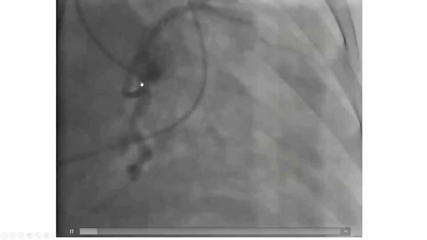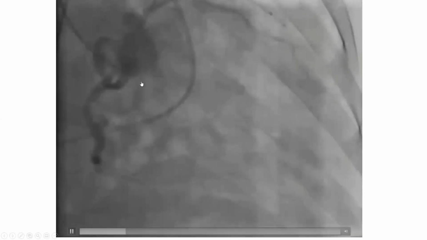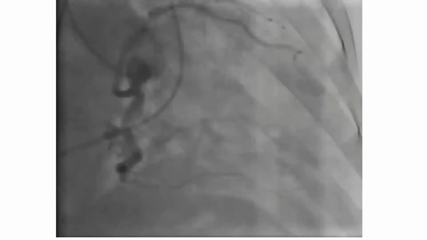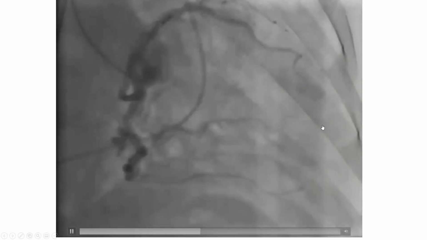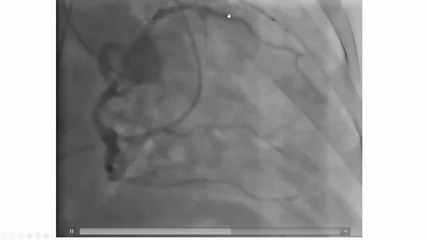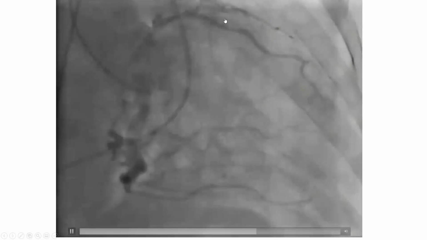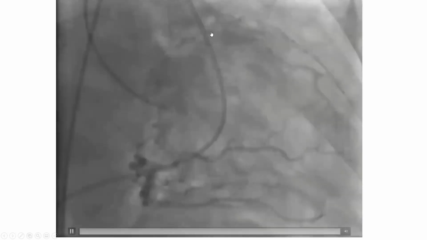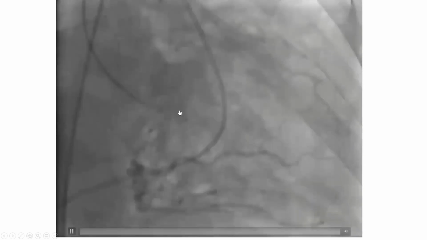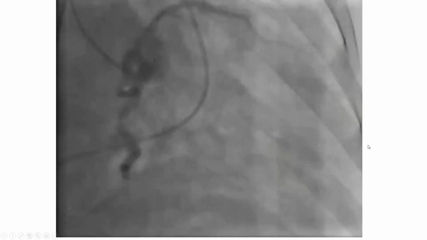This is an RAO view, which for you in your heads, it's a little close to the RAO caudal view. So what appears here on the top part of the cardiac silhouette, this is the cardiac silhouette, this is the LAD, okay, and this is a diagonal. Is there a left circumflex?